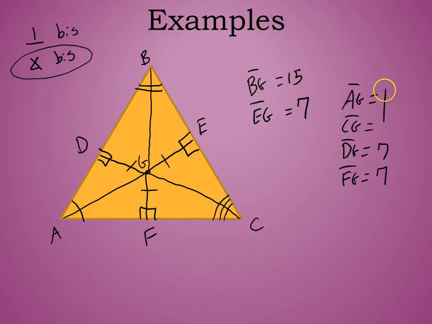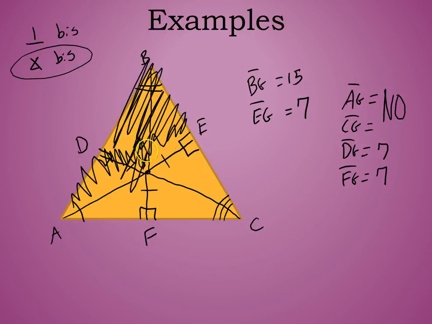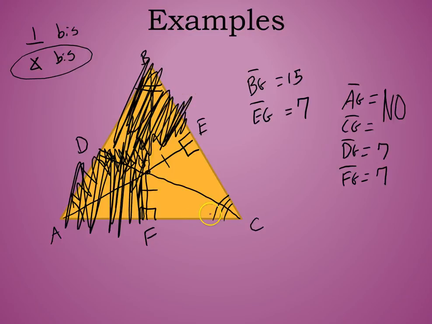So we just answer no, we don't know what they are yet. You just have to remember the differences between the two. And if you have to, break it down by ignoring the entire triangle except for your angle bisector situation. Remember that if we have an angle bisector, these two angles are equal, therefore these two segments are equal, using the same logic for the rest of the bisectors.